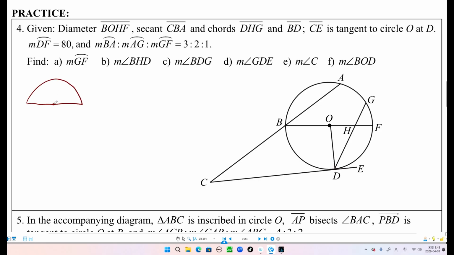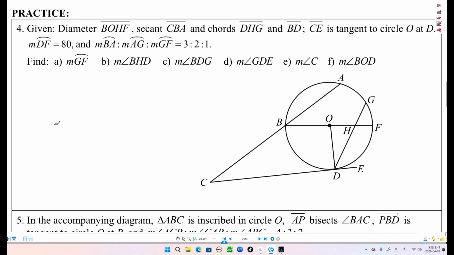When you have a triangle built on this semicircle, it is always 90 degrees, right? Because the central angle is 180, half of that is always 90 degrees, right? That's all. And one more: the sum of all angles in a triangle is always 180. Only four tools available, right?